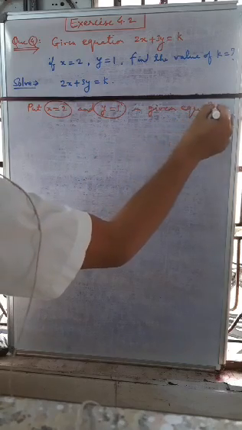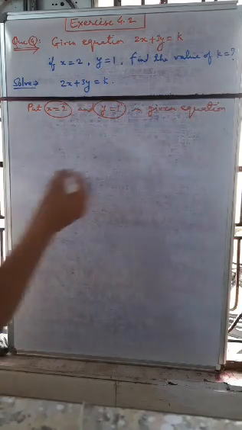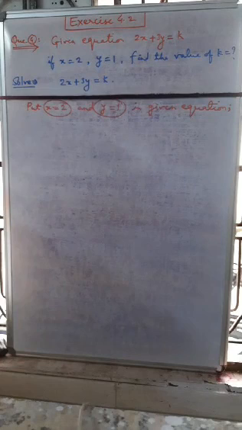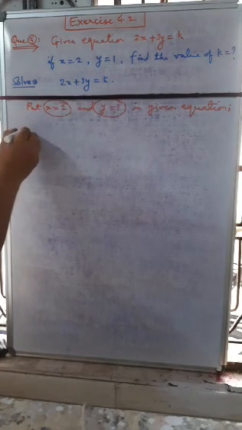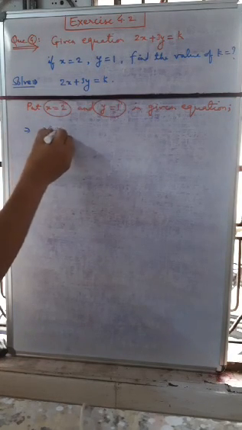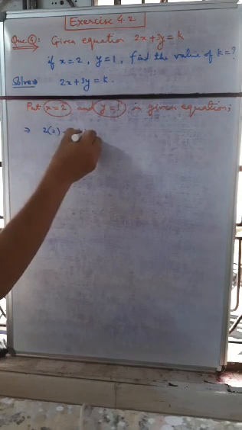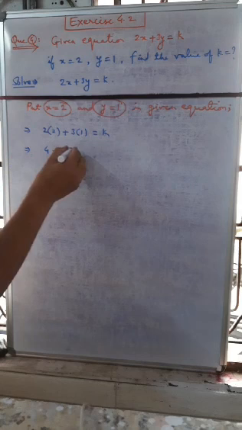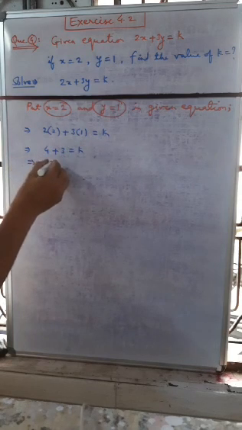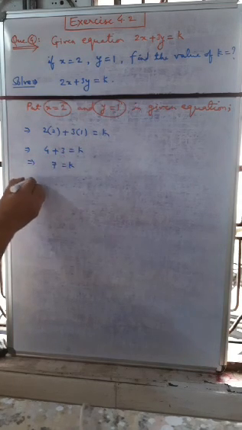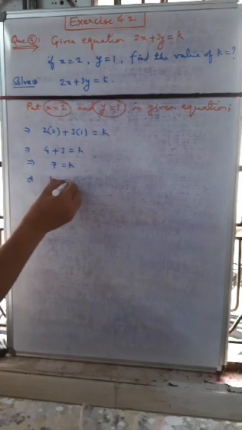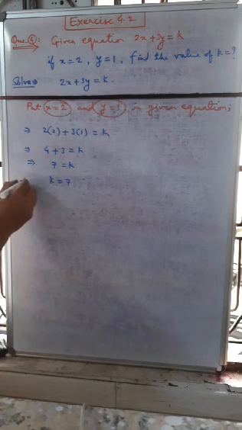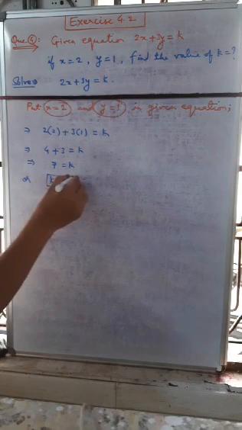So we put these values in the given equation: 2 into 2 plus 3 into 1 is equal to k. So 2 twos are 4 and 3 ones are 3, is equal to k. That means 7 is equal to k, or we can write k is equal to 7.